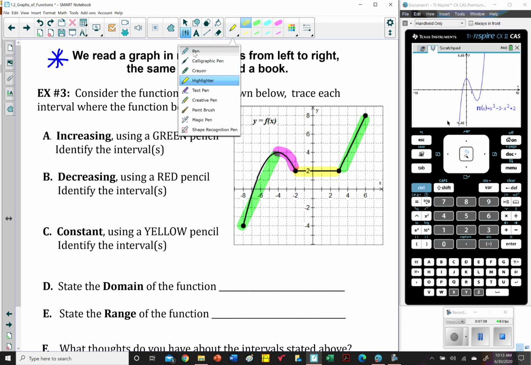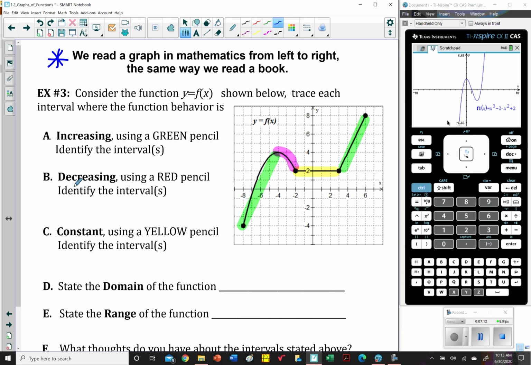And our directions tell us that we need to identify those intervals. So we're looking at the interval from -8 up to this high point at -4. The function is increasing from -8 to -4, and I've got parentheses around that because nothing's changing at -8, and it starts to change again at -4.